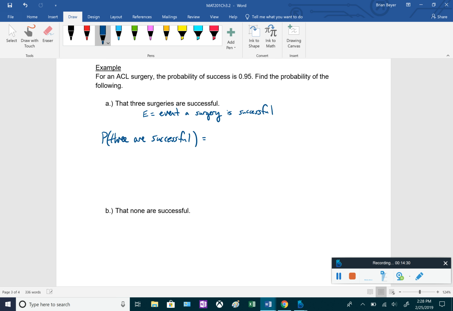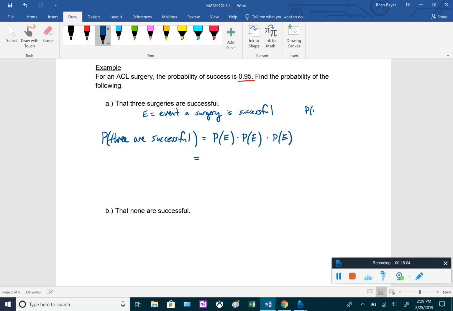That means we want the probability that the first one is a success and the second one is a success and the third one's a success. So that's actually the multiplication rule. It's going to be the probability that the first one's a success times the probability of another success times the probability of a third success. We already know this probability; we're given it right up here in the problem.